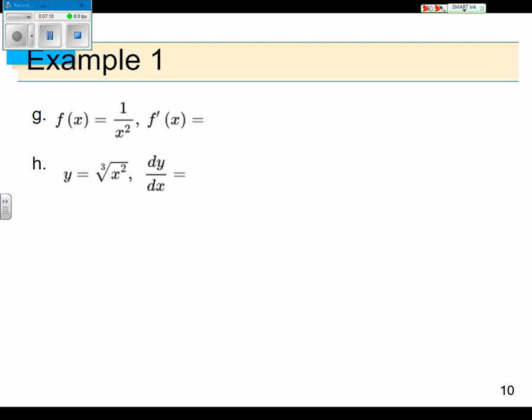Yeah. So I need to rewrite this. All right? I can't have a 1 over. I can't have that division in there yet. That's coming next week. Okay. So rewrite this guy as x to the negative second. I agree.